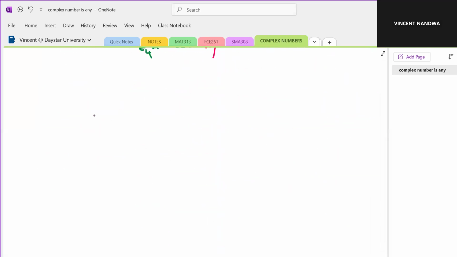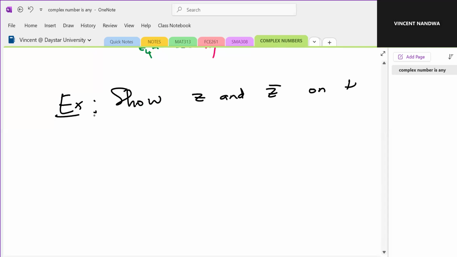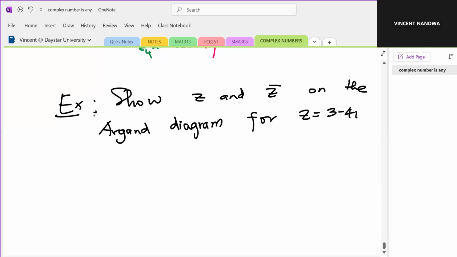So a question: show Z and Z conjugate on the Argand diagram for Z equals 3 minus 4i.